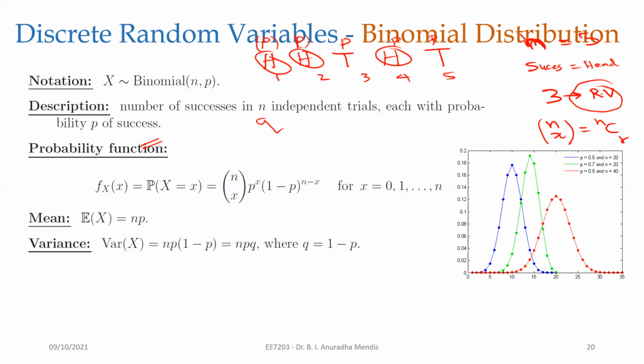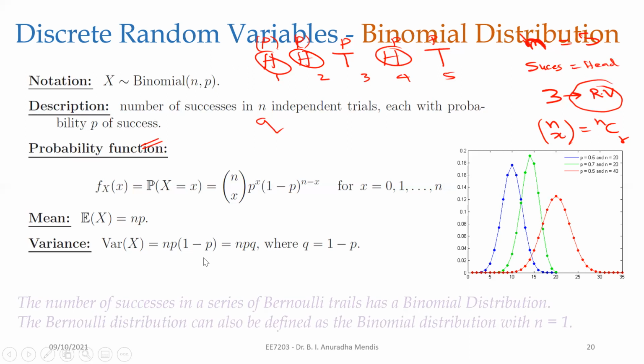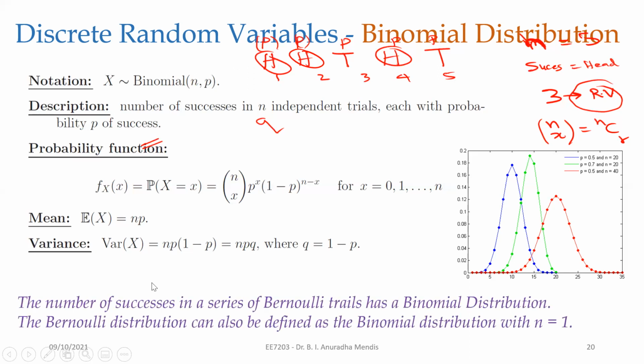This is a very important distribution if you want to apply random variables in your MATLAB or whatever simulation model. In machine learning also, this distribution is very important. Then there is a relationship: the number of successes in a series of Bernoulli trials has a binomial distribution.